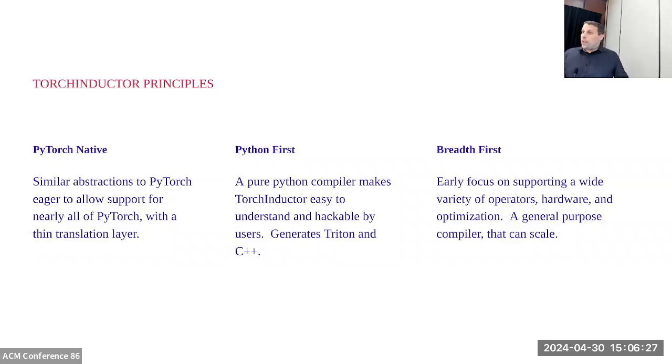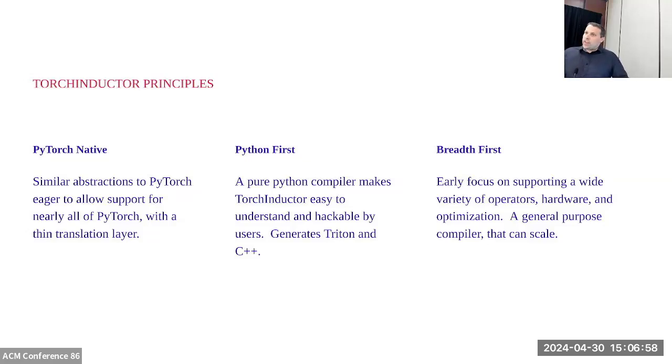And so we actually implemented Torch Inductor entirely in Python, or nearly entirely in Python. And we think this is a huge advantage because across machine learning, most users of PyTorch know Python a lot better than they know C++. And in PyTorch, we see a lot more active contribution to the Python parts of PyTorch, and very little community contribution to C++ parts of PyTorch. And so by implementing our compiler in Python, our compiler is way more hackable by our users.